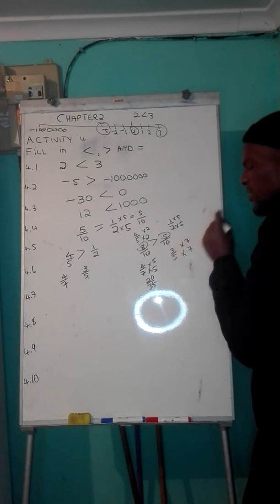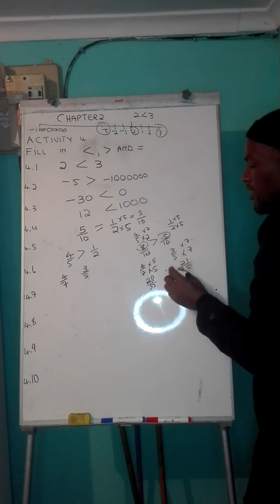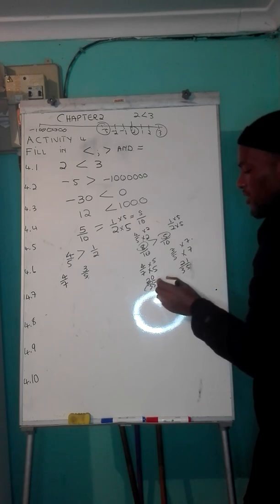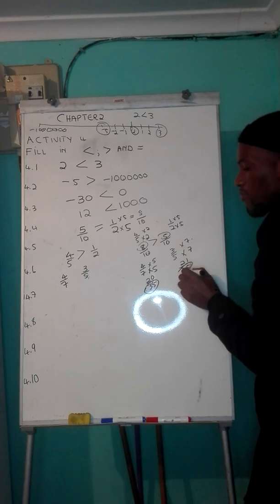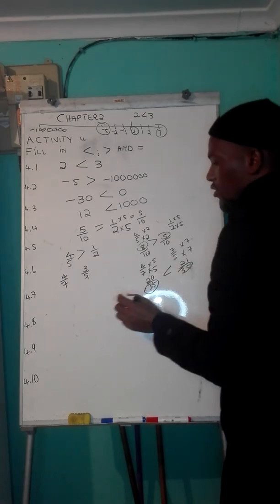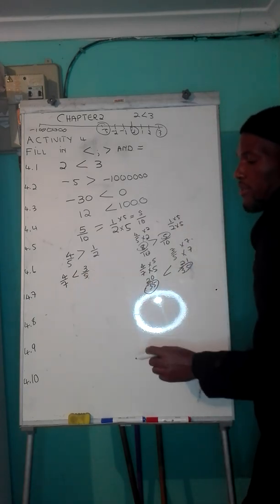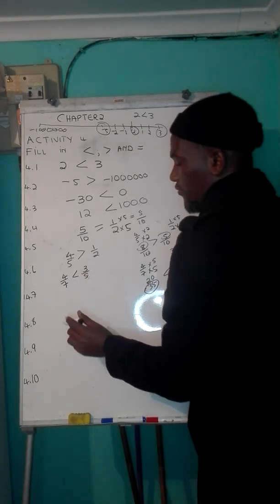What is 3 times 7? It's 21. What is 5 times 7? It's 35. Since the denominators are the same, 20 is less than 21. That means 21 is big. It must be bigger than 20. That one is big. Okay.